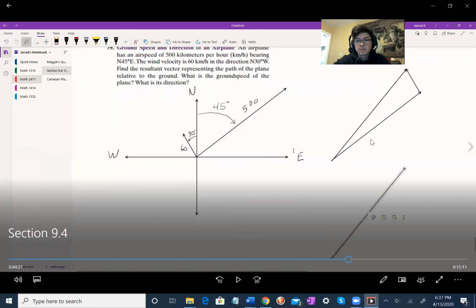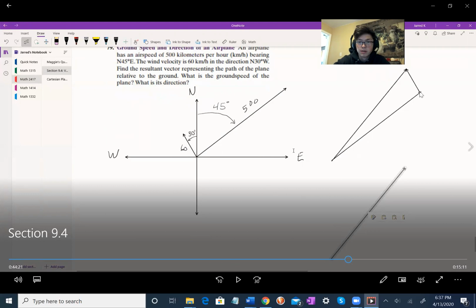Okay, so here he gave us a picture of what the resultant vector is going to look like. So this bottom one here is the airplane vector. We're going to call it vector P in a second.